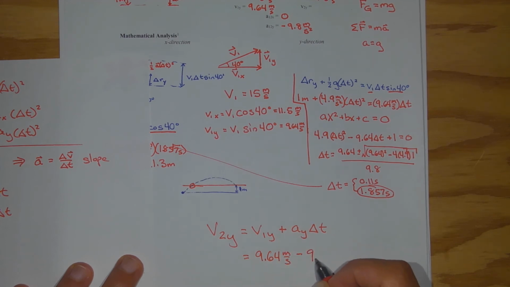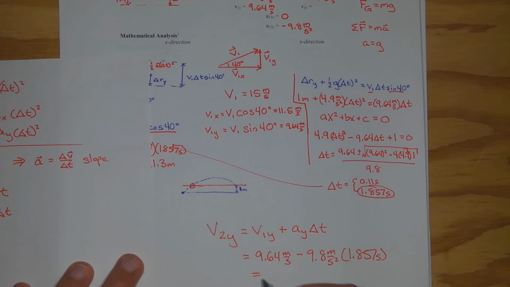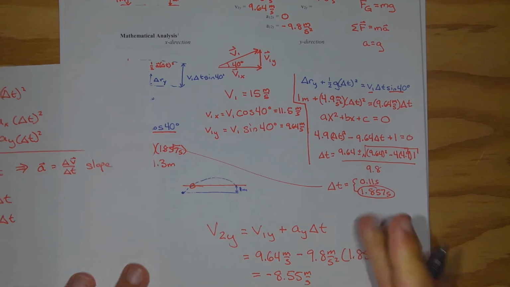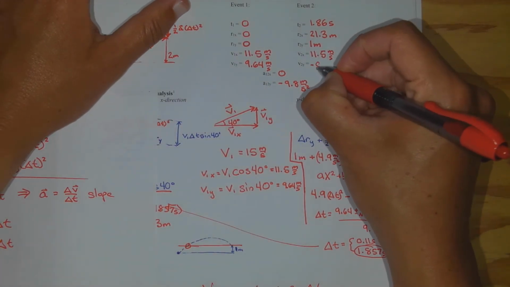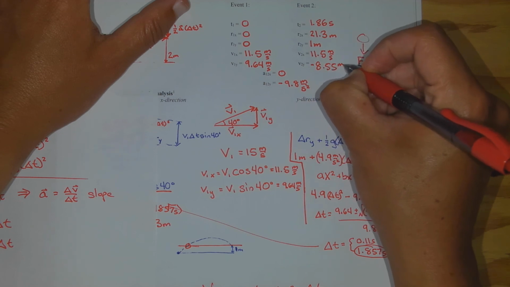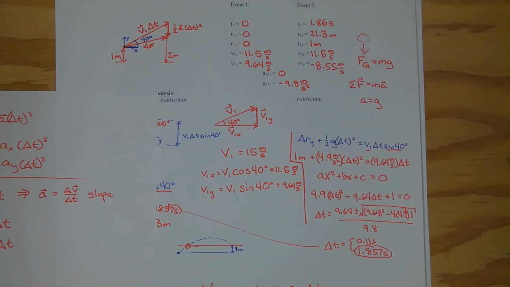The acceleration is negative 9.8 meters per second squared. Multiply that by delta t, which is 1.857 seconds, and you get for v2y roughly minus 8.55 meters per second. And we can put that in the table here, minus 8.55 meters per second, and then we're done.